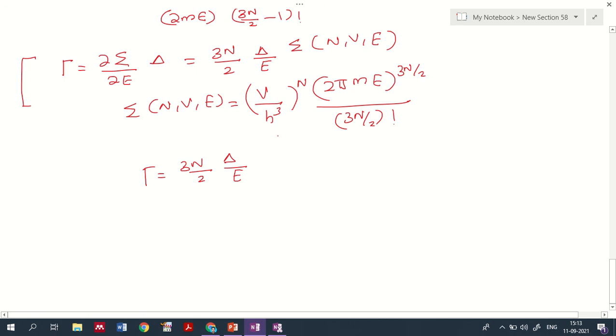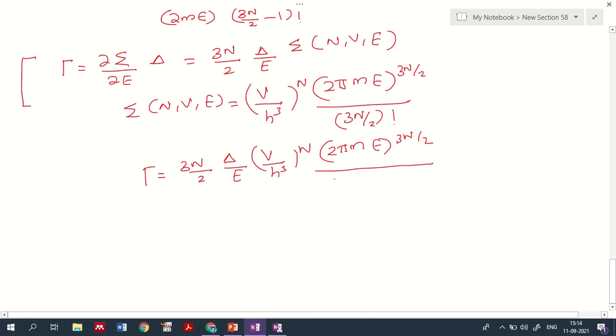Sigma nve is the microstate at a constant energy level, so that is v by h cube raised to n, 2 pi me raised to 3n by 2, divided by 3n by 2 factorial.